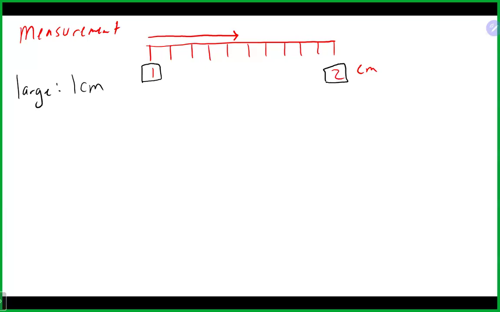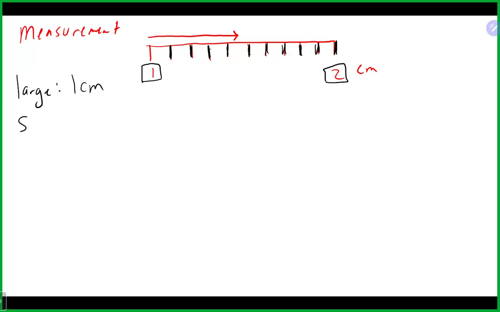Then there are usually markings that do not have numbers, but they do fall between those two larger markings. So remember that you want to start counting past the last big marking: 1, 2, 3, 4, 5, 6, 7, 8, 9. And you want to stop at the next big marking, which is 10.